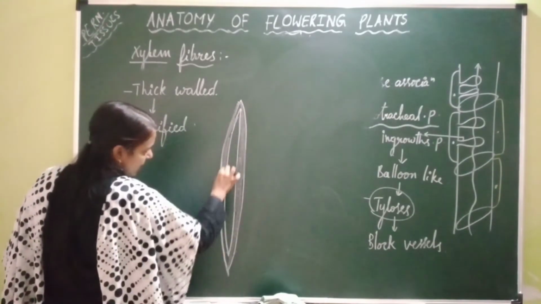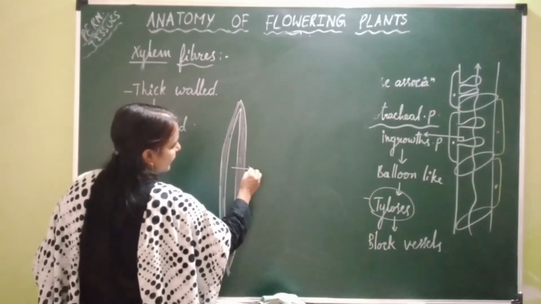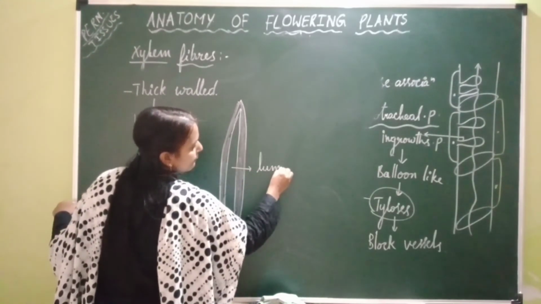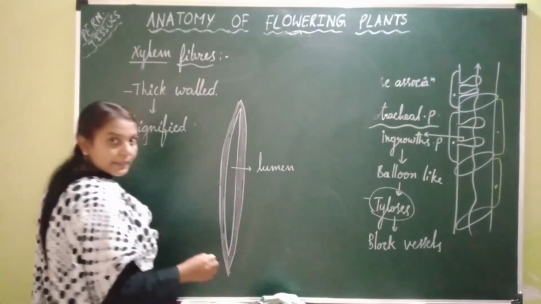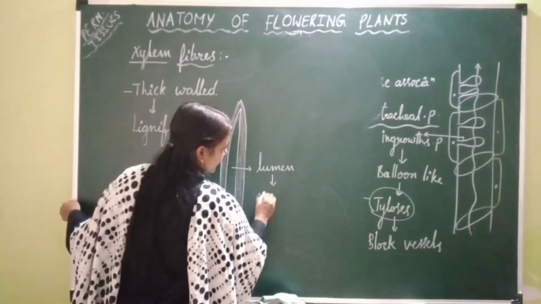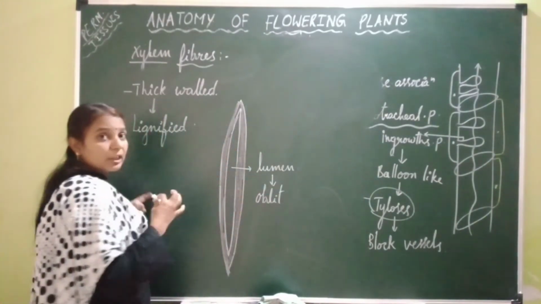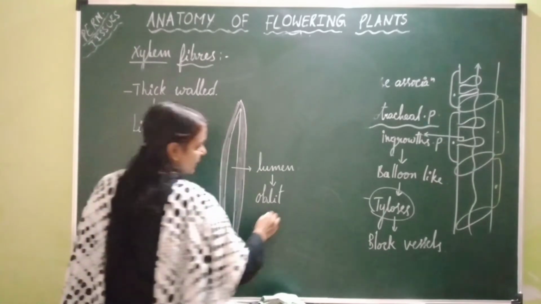And this is called the lumen. This lumen is completely obliterated. Obliterated is nothing but crushed due to the presence of cell wall thickenings, a large amount of cell wall thickenings.